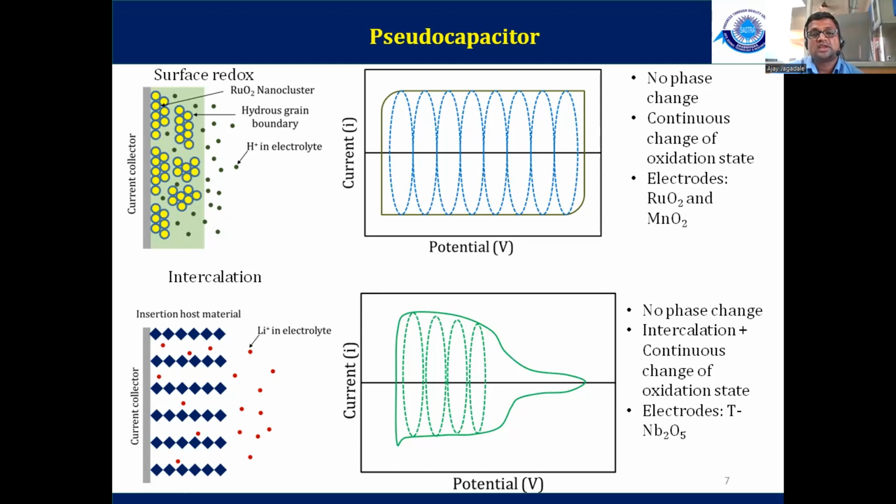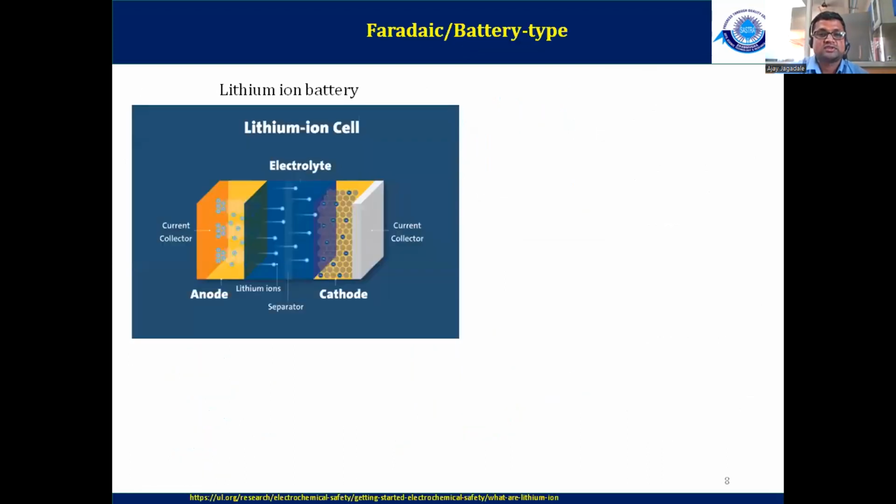Second, intercalation happens. Intercalation is nothing but the lithium ion intercalating into the insertion host material, so this is also known as insertion of lithium ions into this material. And again there is a continuous change of oxidation state. Niobium is also a transition metal, so there are continuous changes of oxidation and reduction states.